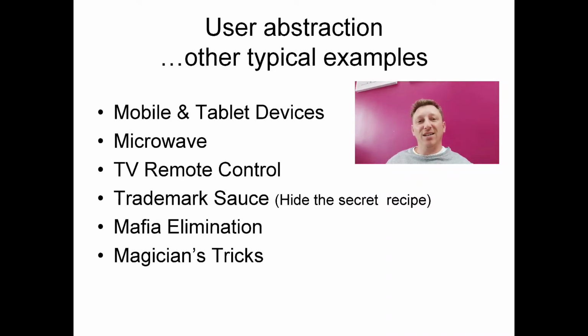And the other one that I like is the mafia rule sort of idea. You've got some people, you want them to disappear. I don't want to know the details of how I get this job done via people. I just want the job done. So I hope that gives you a few examples, a bit of fun really, of where you could take abstraction.